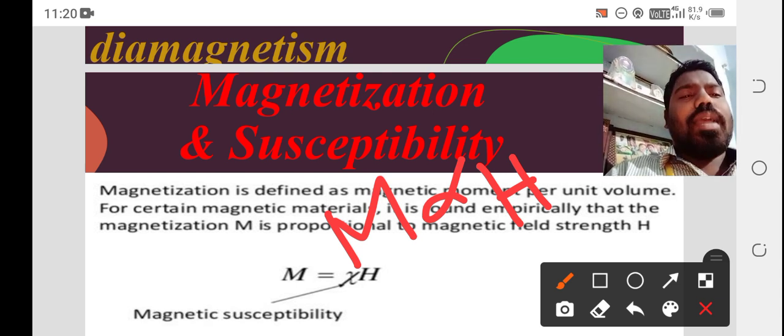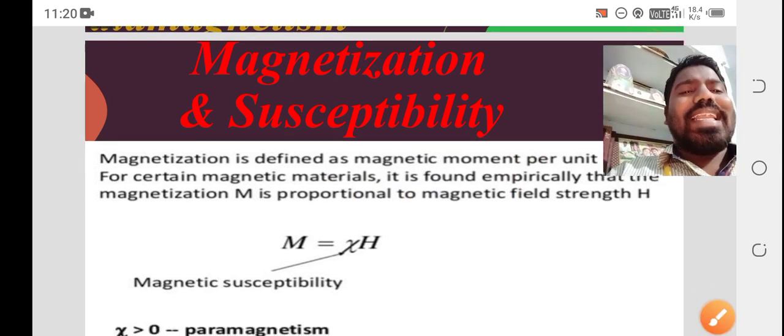Therefore, M equals chi H, where chi is the magnetic susceptibility.